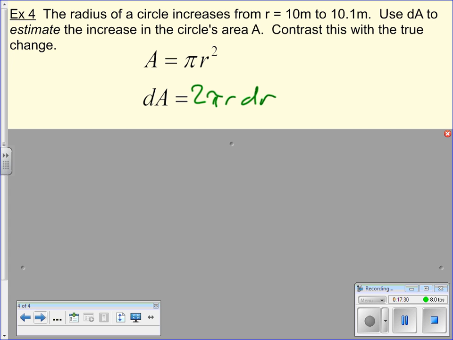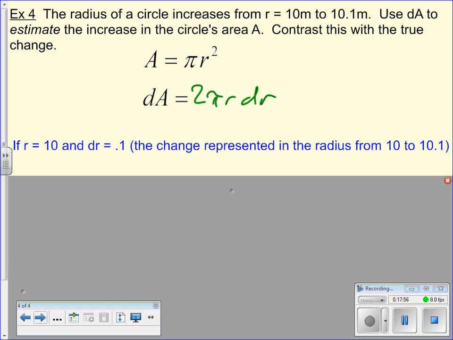That's what's happening here. How does my area change if I change my radius? That's what this function is. It's a function that says I changed my area. How does my area change if I change my radius? It doesn't tell me the area, just tells me what its change is. Okay.